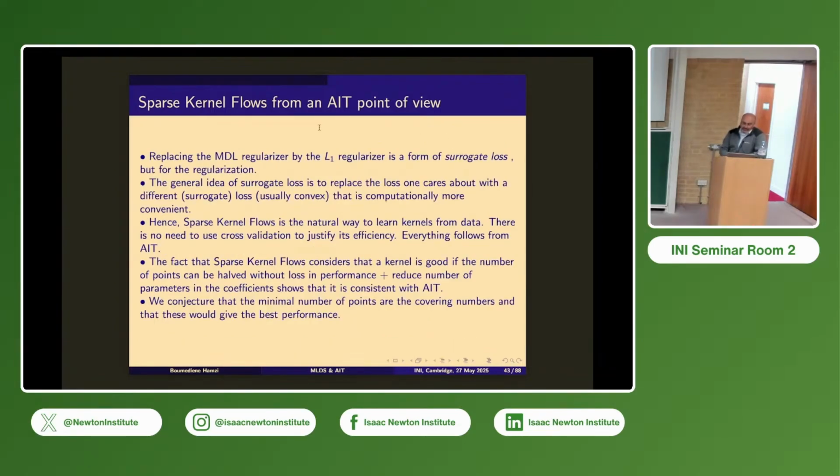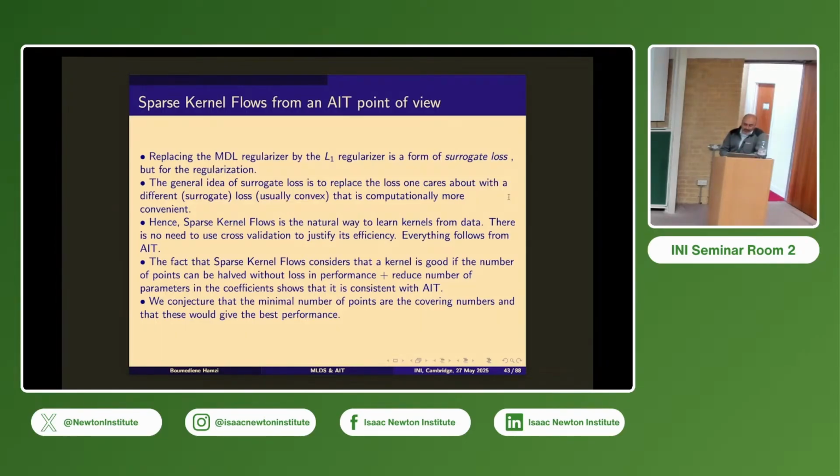Replacing the MDL regularizer by the L1 regularizer is a form of surrogate loss for regularization. The idea was just to simplify the computation, but the AIT flavor is still in the way we learn the kernel.